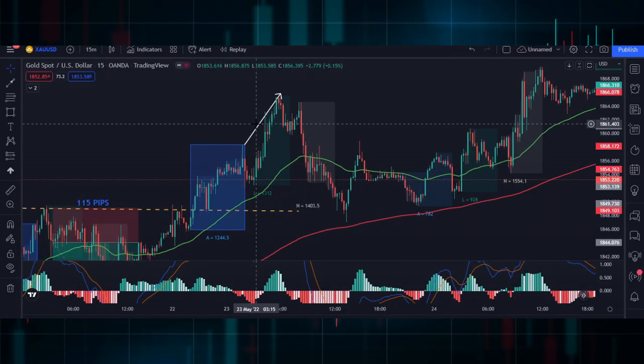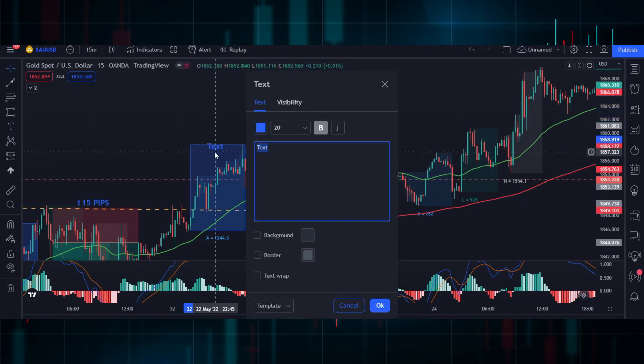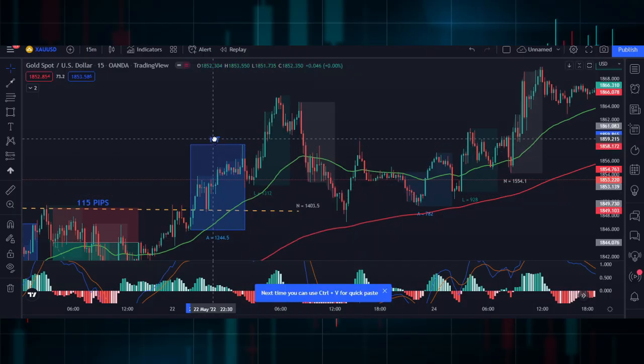So since price did not give us a setup, we would not have taken any trades. So this is a no trade day because there were no setups.